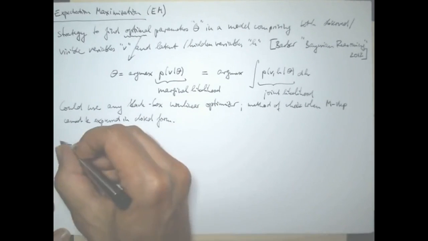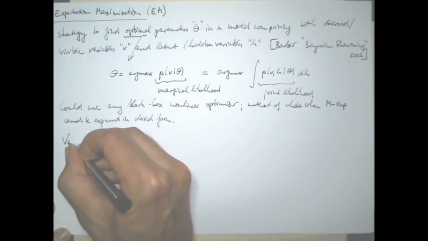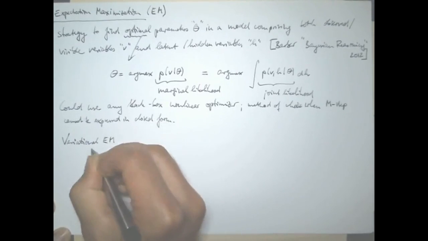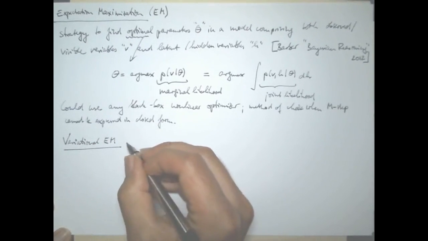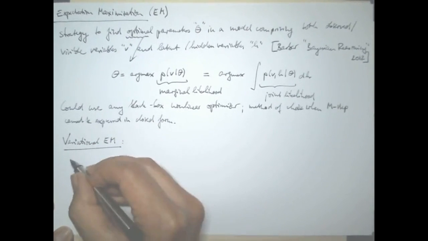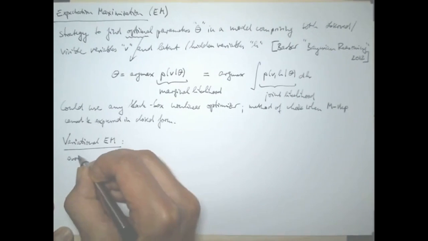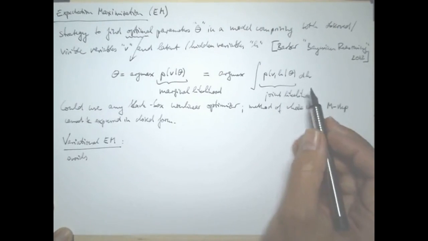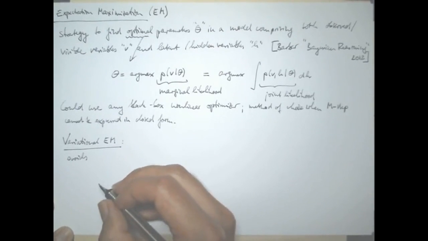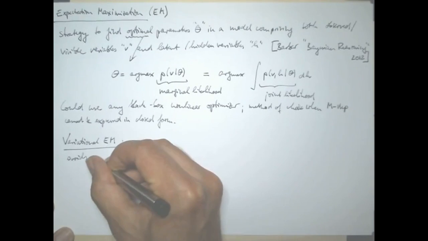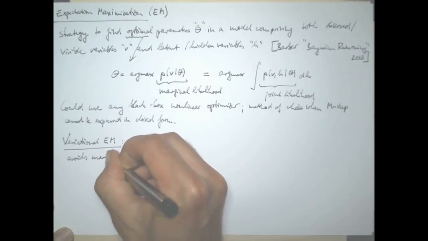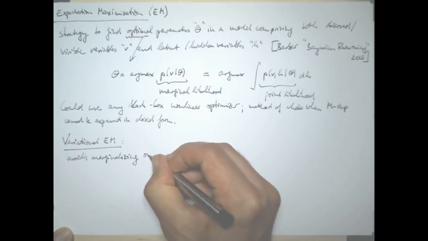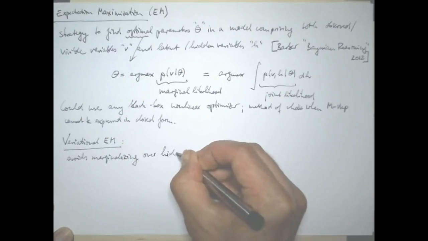Now the strategy of EM, or variational EM to be more precise, is to avoid this integration, this integrating out, which may be difficult, of the hidden variables. So it avoids marginalizing over the hidden variables.